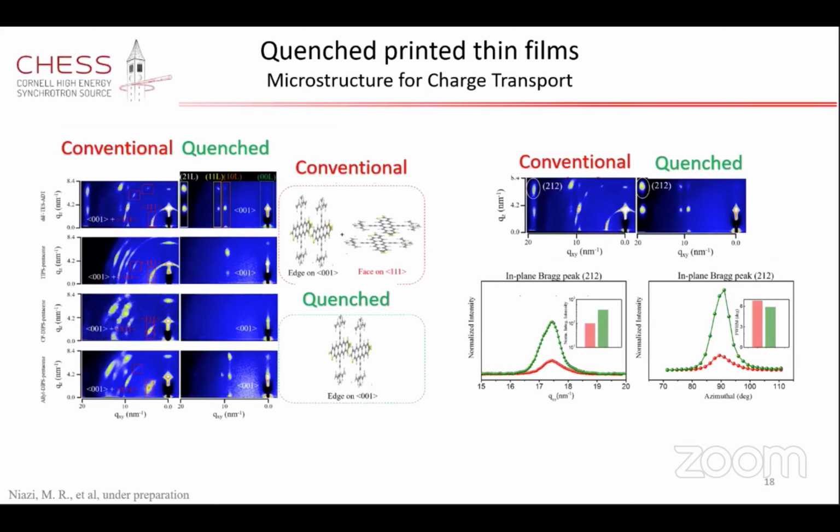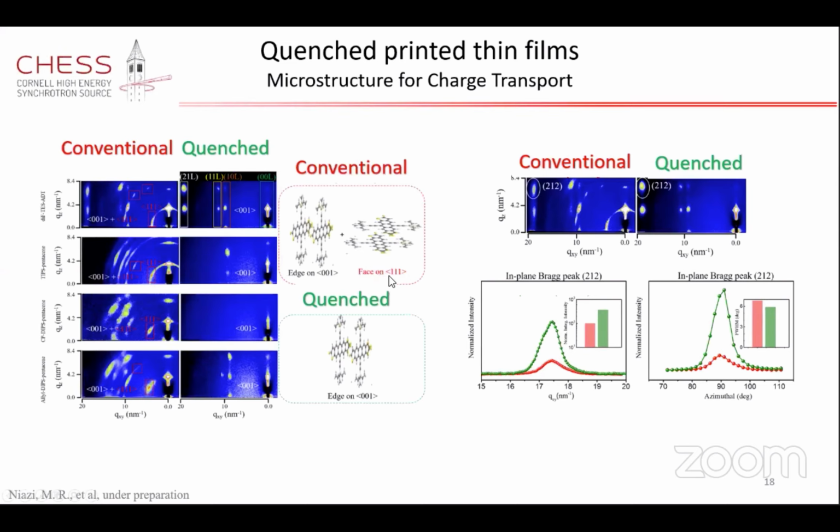One of the important findings that we observed was that in case of conventional processing methods, we always had two different molecular textures in the film. One is called face-on and the other is edge-on.